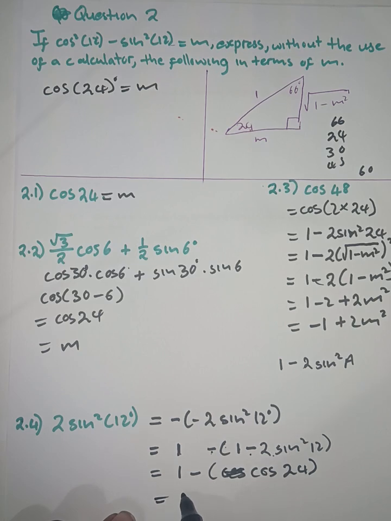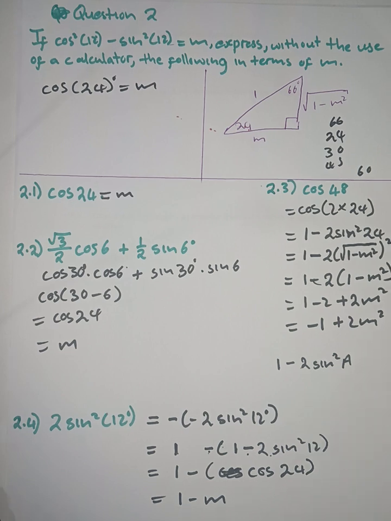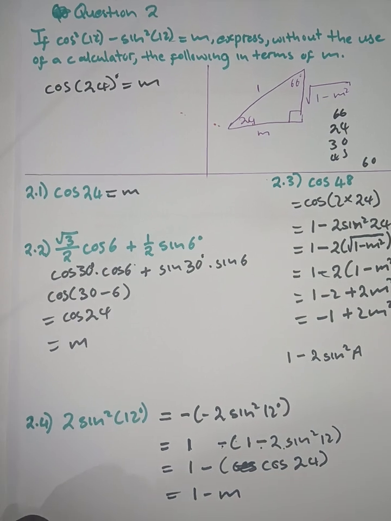So this would just become 1 minus cos of 24, that's m, right? So this would be 1 minus m. That would be the value that you would get. Now that is very strange, but as you can see, they love to ask very strange values. I kind of battled with that at first, but eventually I found the way to do that.